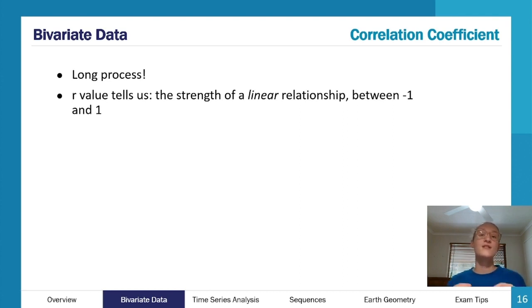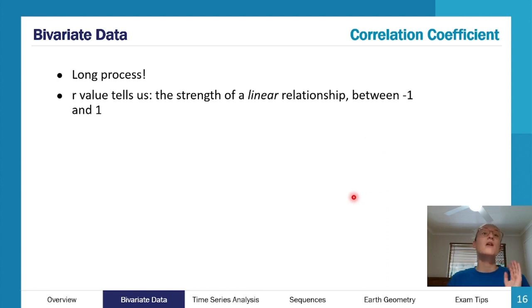So what does an R value tell us? R values tell us the strength of a linear relationship, and they can range between -1 and 1. So -1 is a perfect negative relationship. If we had a little scatter plot here, a perfect negative correlation would be a direct perfect negative line.